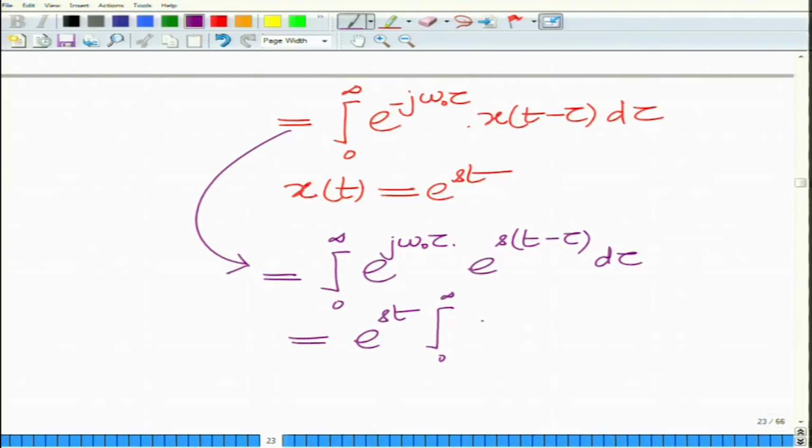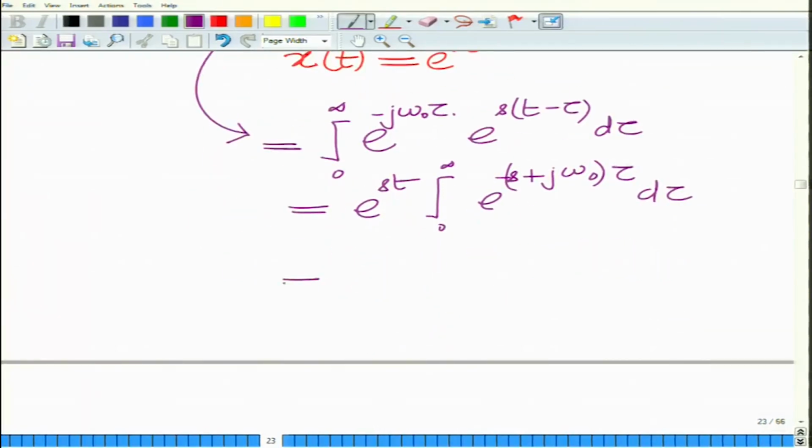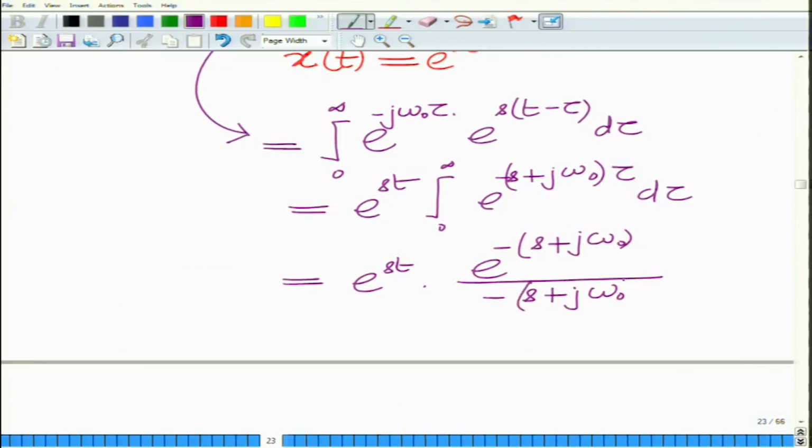So, this is integral 0 to infinity e raised to minus (s plus j omega naught) tau d tau, which is e raised to s t times e raised to minus (s plus j omega naught) tau divided by minus (s plus j omega naught), evaluated between the limits 0 to infinity.